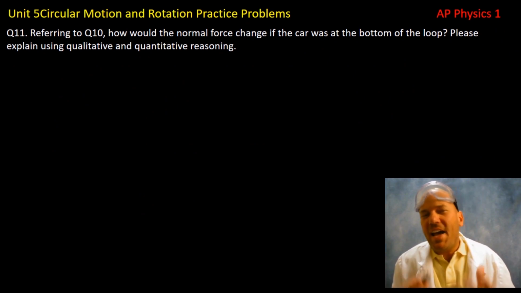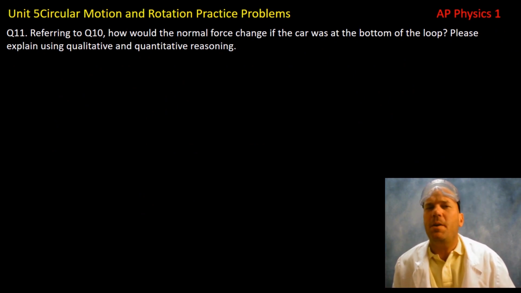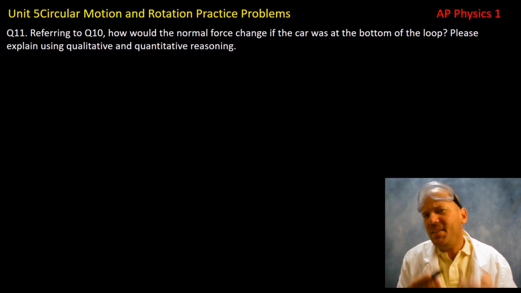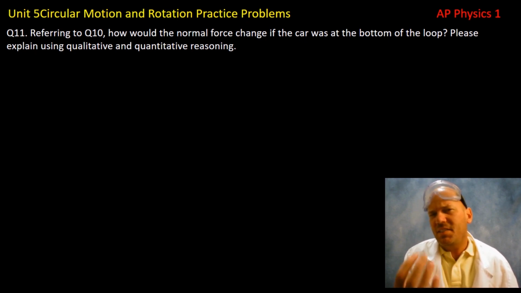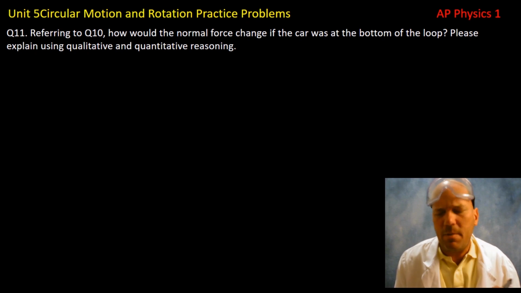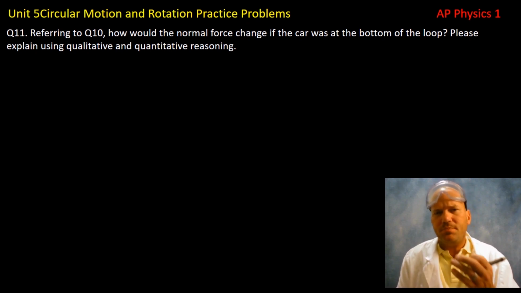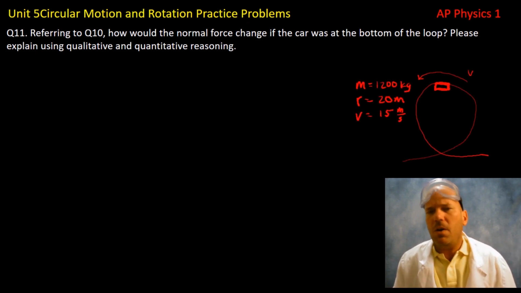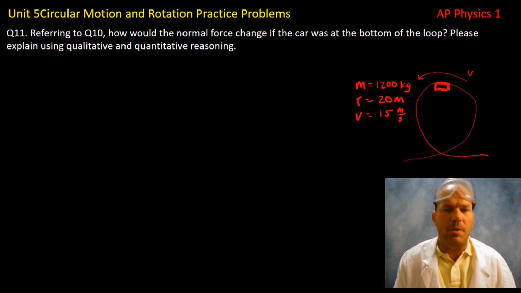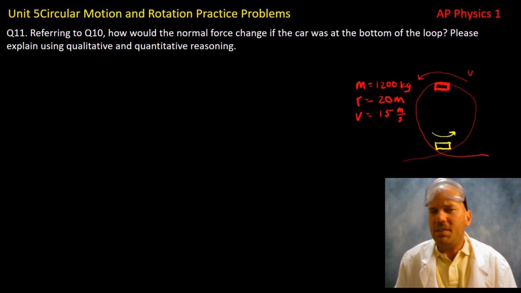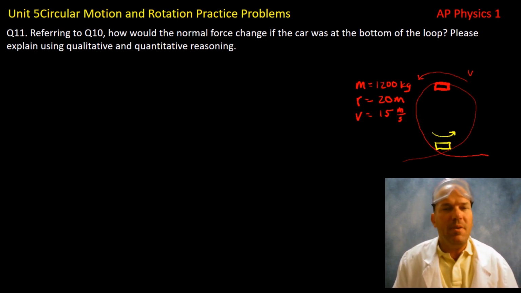All right, so now in question 11, we're going back to question 10, but this time we're analyzing the scenario when the car is at the bottom of the loop. Again, we're going to use a semi-quantitative perspective here. So if we draw a schematic and write down everything we know, this time we're at the bottom of the loop.